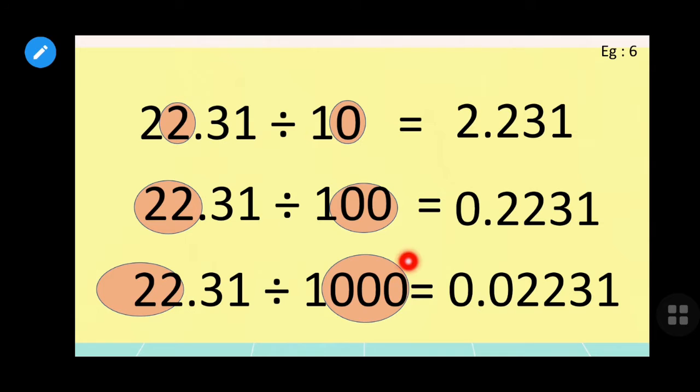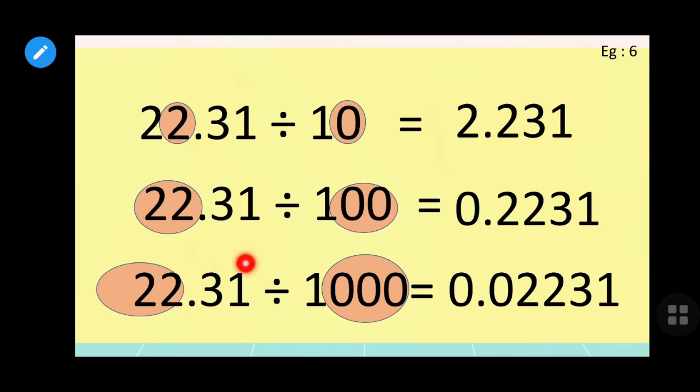See, even if we don't have a number in front, it is compulsory for us to go three places forward because 1000 has three zeros. In such cases you add zeros. If it has to be divided by 10,000, it will have four zeros. Then you will have to add two zeros forward.